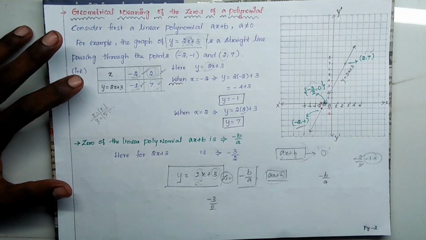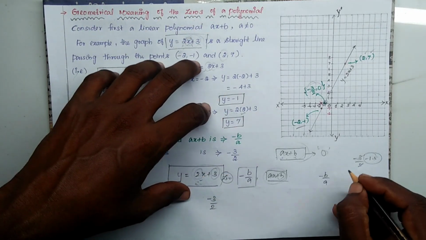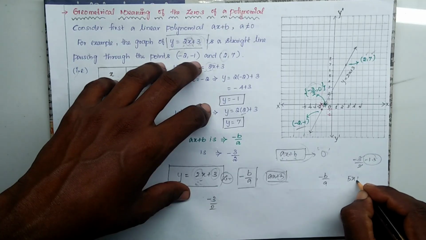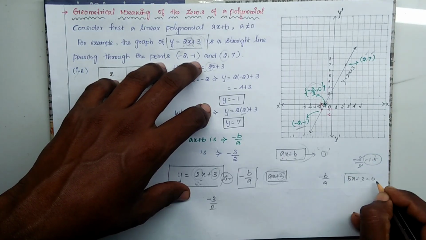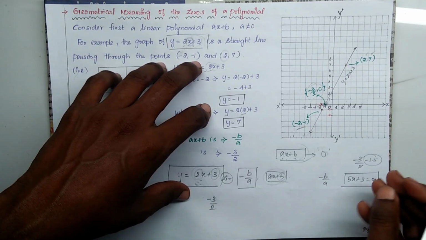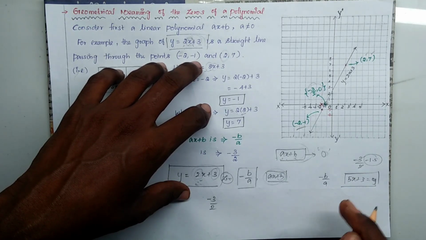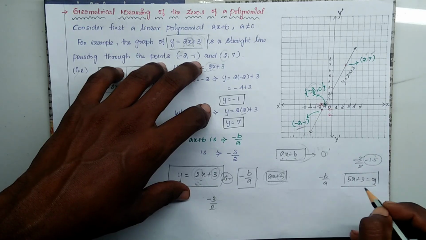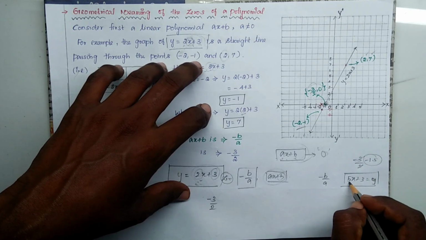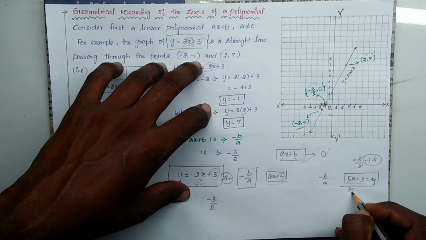So in that case, suppose they give 5x plus 3 is equal to 0, or y equal to that, as the equation, and ask us to find the zero of this polynomial. Now we have to look at what the form of the equation is. The equation is in the form of ax plus b.